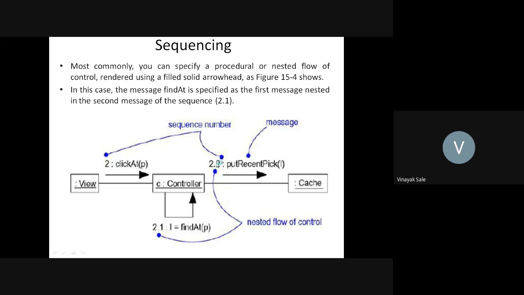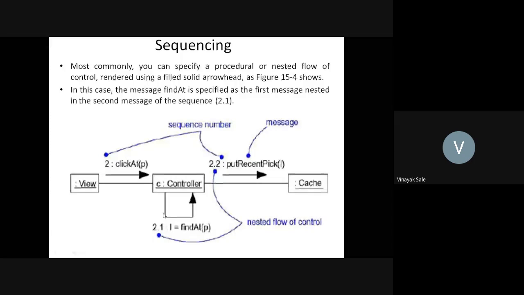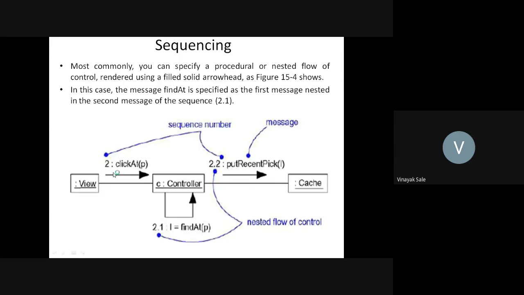Then the controller checks itself, that is message 2.1. So find at p, this is a nested flow, and put receipt recent peak is the message from controller to cache.